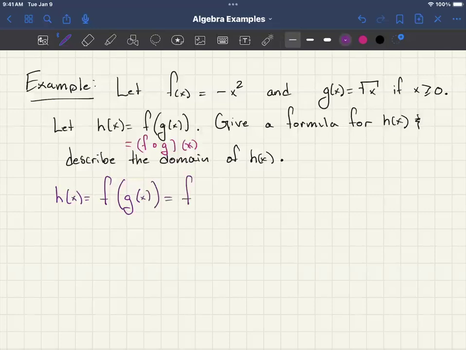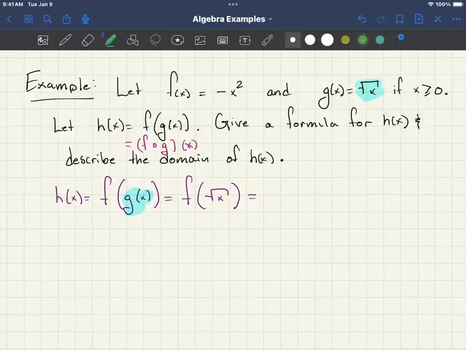And instead of popping g of x in here, now we can look at what g of x is equal to and just punch that in. So we're going to have f eating the square root of x. Now notice at this point, we know that x has to be bigger than or equal to 0 for f to start eating that.